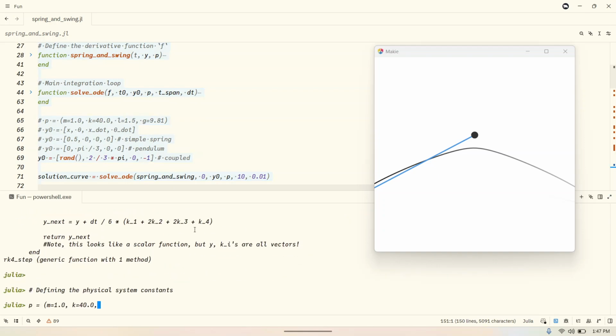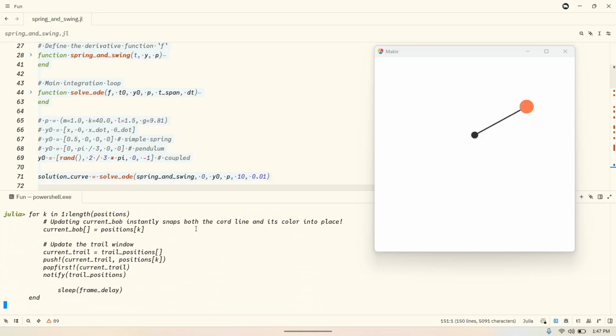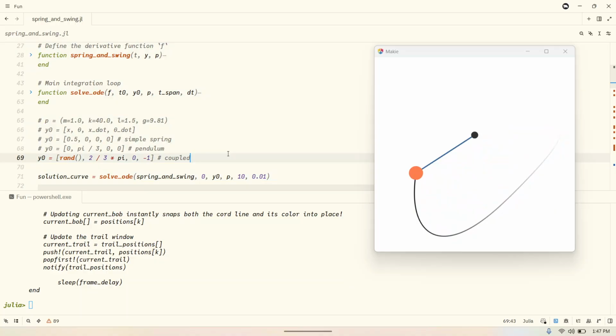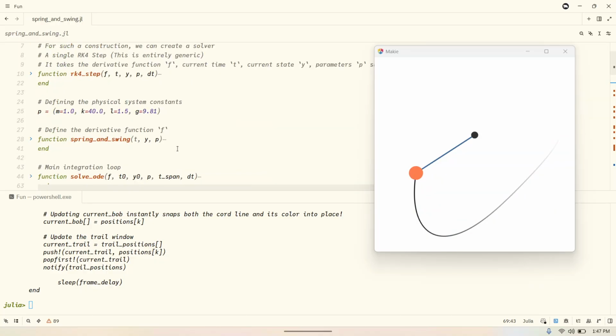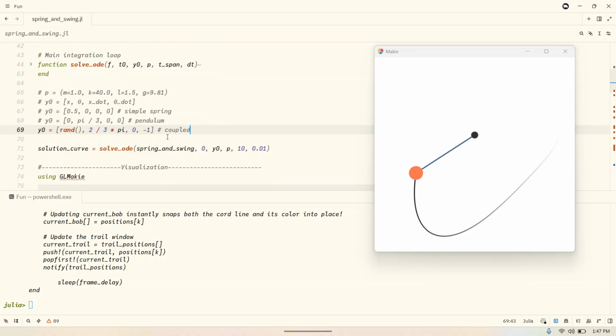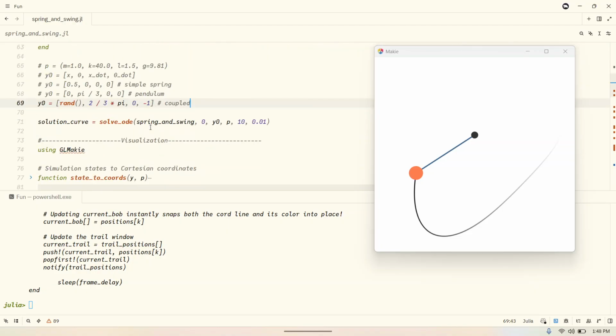Let's see how this goes. Yeah, that seems interesting. It's almost like it's defying gravity, but it's not, because when it's doing that, it's releasing all that elastic potential energy.